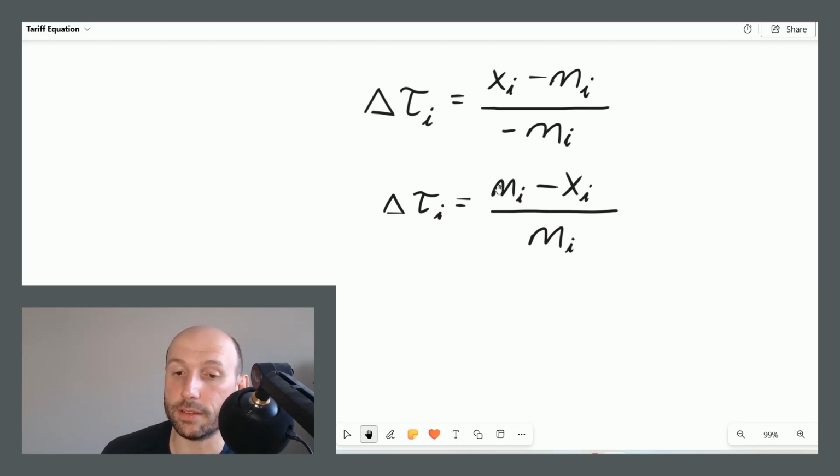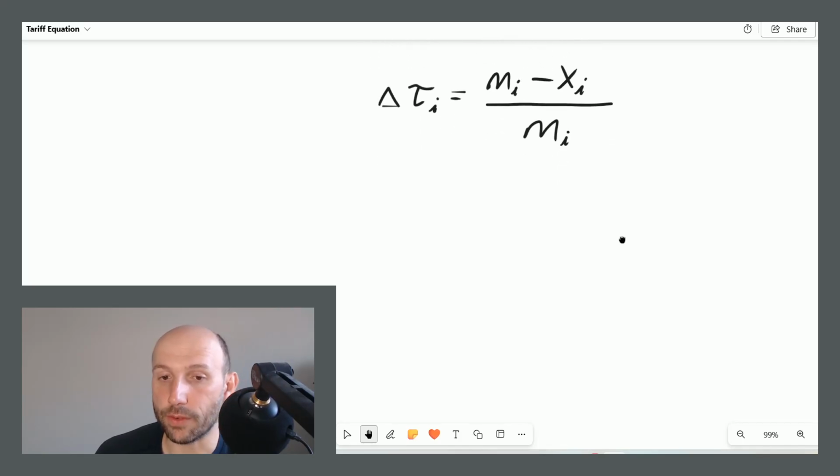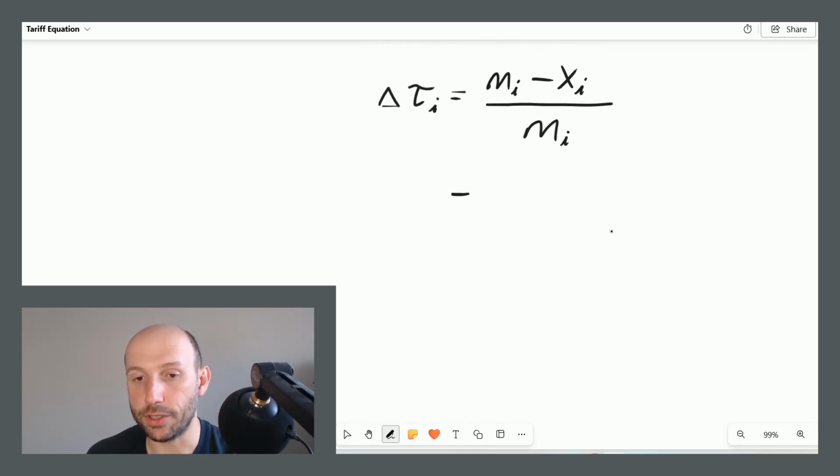If the trade deficit is 10% of total imports, the change in tariff rate would be 10%. If the trade deficit is 90% of total imports, the change in tariff rate would be 90%, and so on.